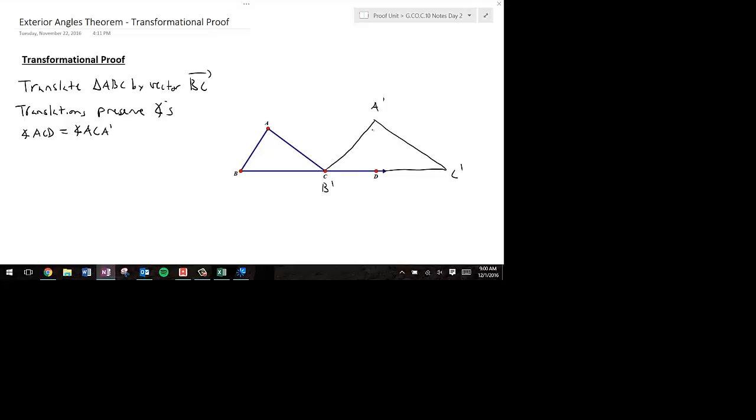We also know that it's angle ACA prime plus angle ACC prime. We also know that angle B is congruent to angle ACC prime, and we know that angle A is equal to angle ACA prime. Those are the same.